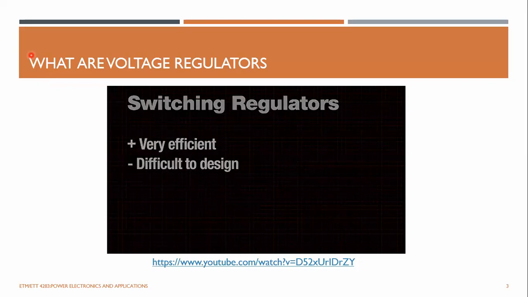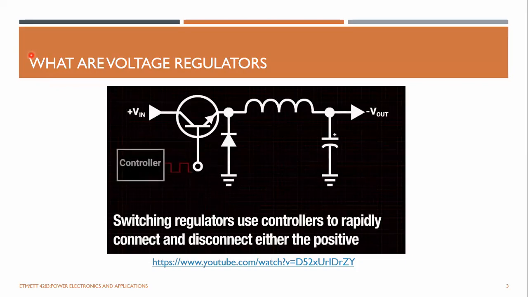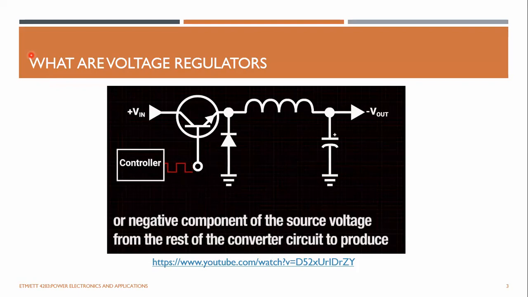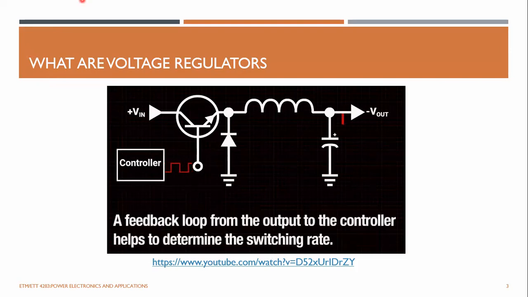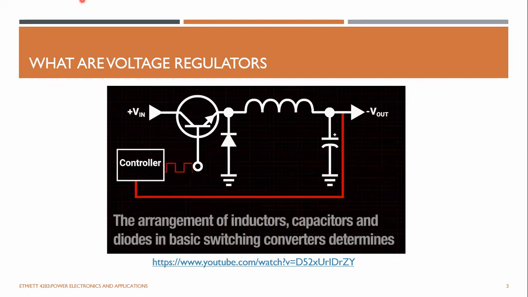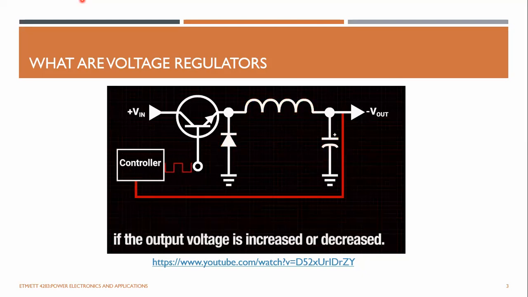As mentioned earlier, switching regulators use controllers to rapidly connect and disconnect either the positive or negative component of the source voltage from the rest of the converter circuit to produce desirable changes in voltage and current. A feedback loop from the output to the controller helps to determine the switching rate. The arrangement of inductors, capacitors, and diodes in basic switching converters determines if the output voltage is increased or decreased.